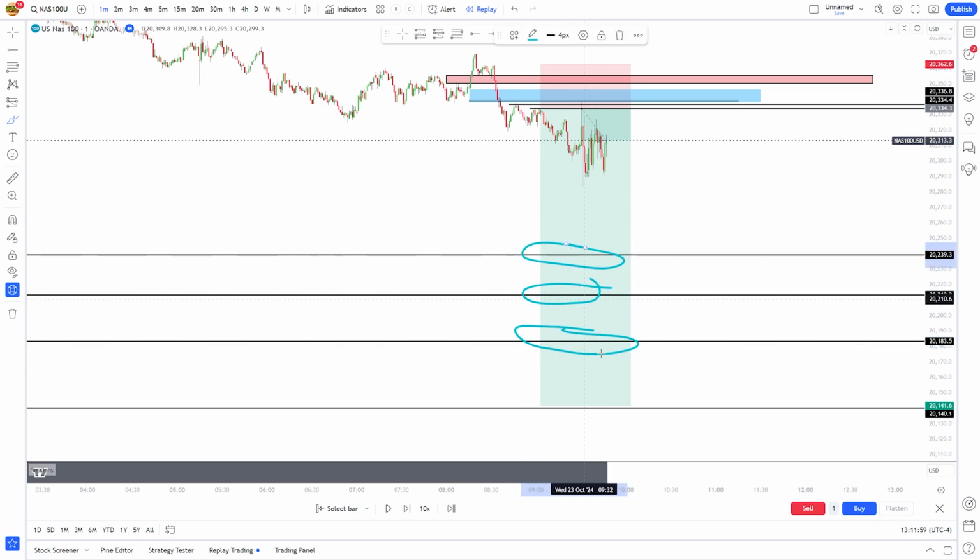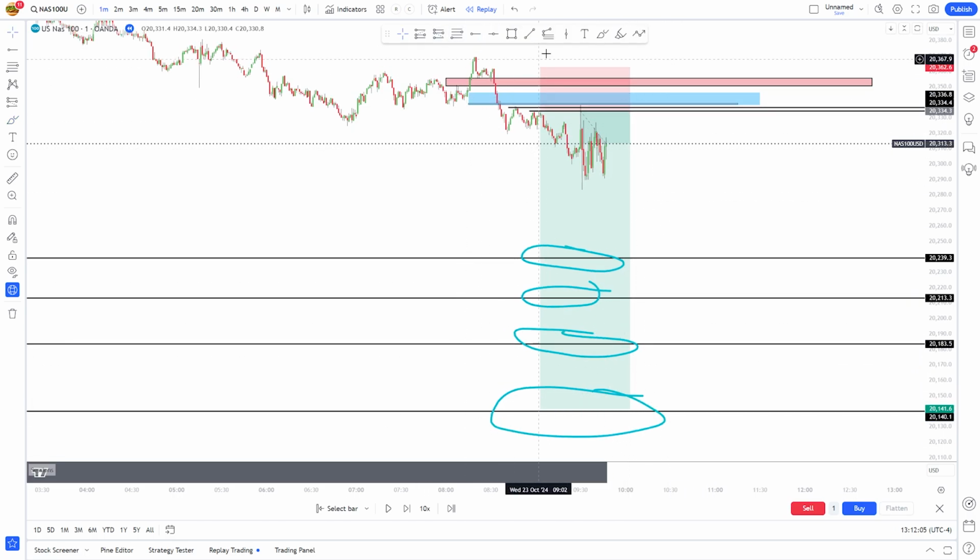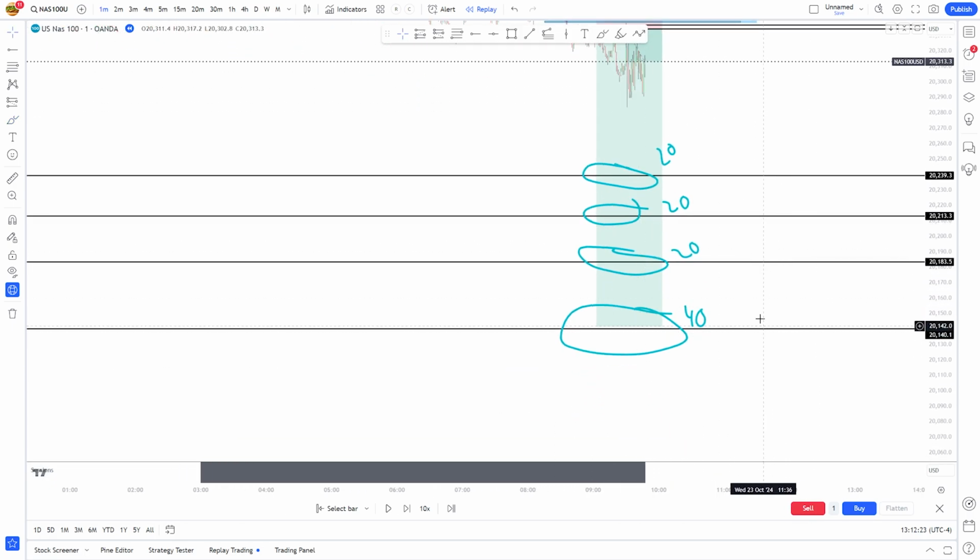Because it might not hit the best level. This is the best case, and it might not always be the best case. So we could take maybe 20% off here, 20% off here, 20% off here, and then 40% at the overall best case scenario targets.